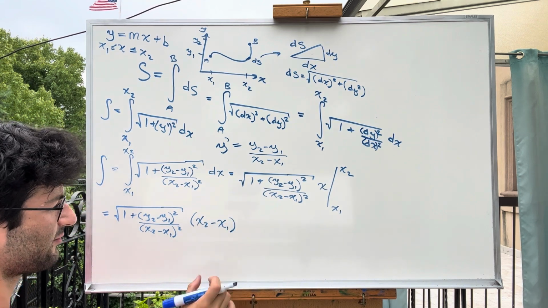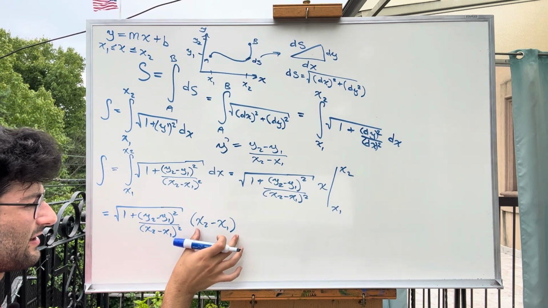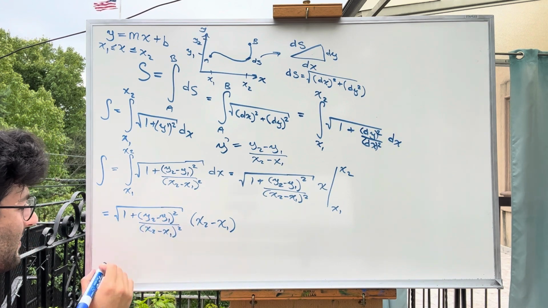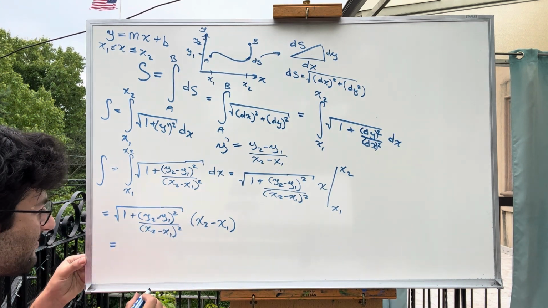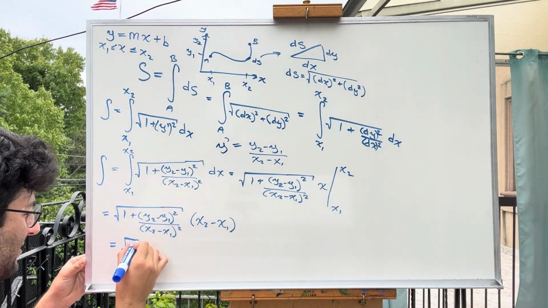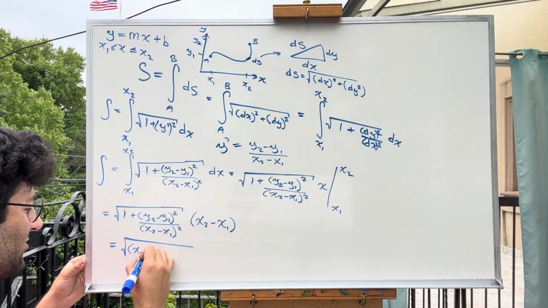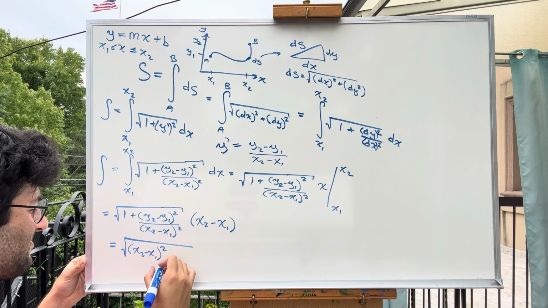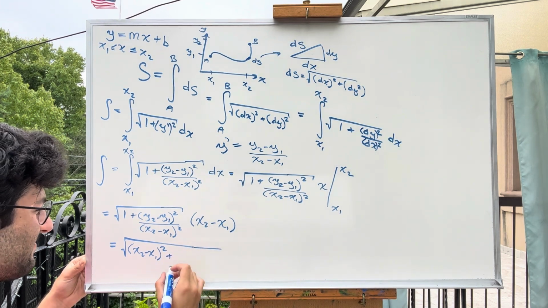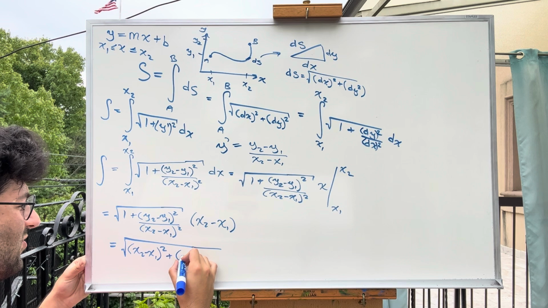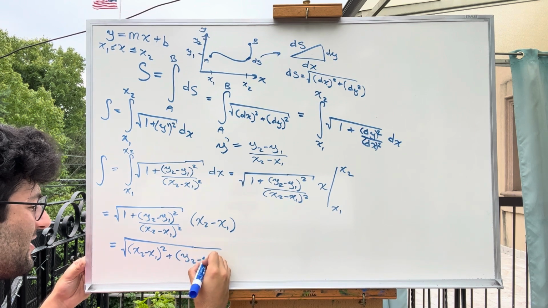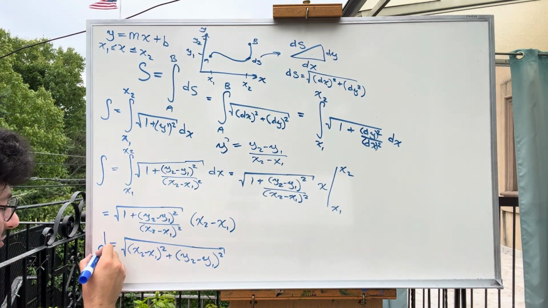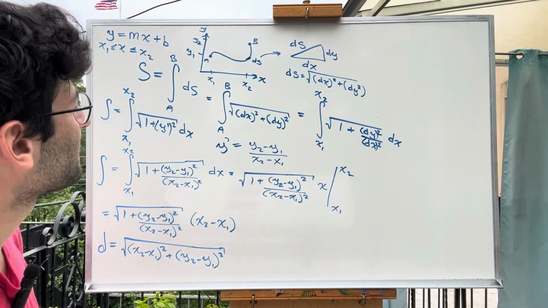We can go ahead and rewrite this by putting the x2 minus x1 within the square root, and we see that when we do that, this can be written as x2 minus x1 squared plus y2 minus y1 squared. And would you look at that? That's our distance formula, the straight line distance from point A to B.